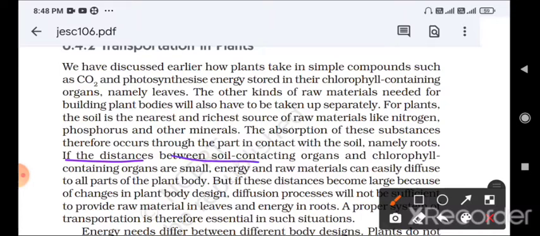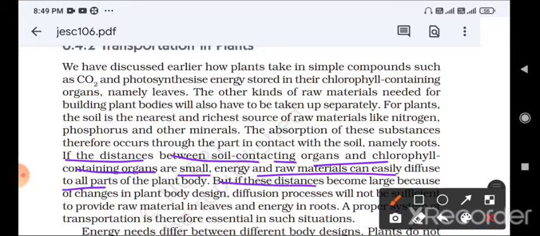If the distance between the soil-contacting organ and the chlorophyll-containing organs is small, energy and raw materials can easily diffuse to all parts of the plant body. The roots and the soil having very little distance means raw materials are easily diffused to all parts of the body.